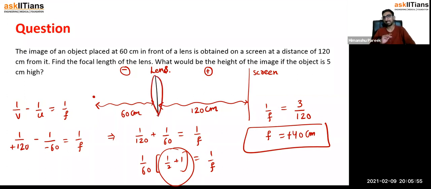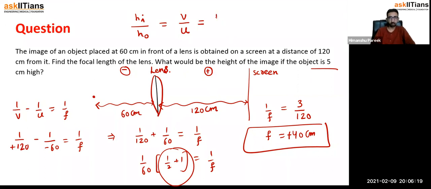Now, if you remember, it was a real image. On the right side it was being formed, so it must be a convex lens. What would be the height of the image if the object height is 5 centimeters? Now that's quite simple. hi upon ho is equal to v over u. Just put the numbers here. How much would be the v?